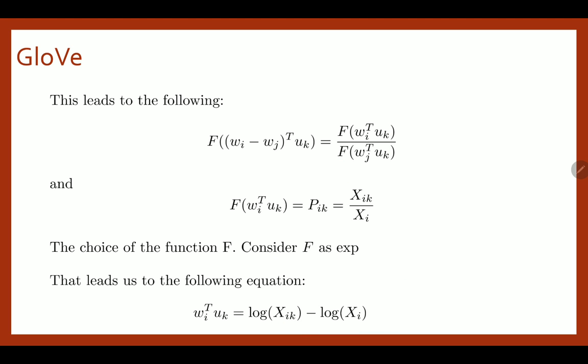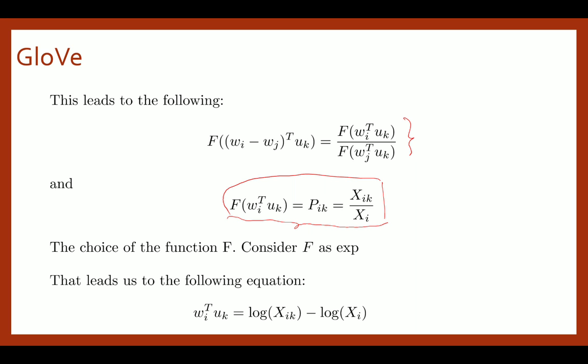So whatever we have discussed, the group homomorphism property leads us to this: under the simplified assumption, we can write f of Wi transpose Uk is equal to Pik, which is equal to Xik over Xi.